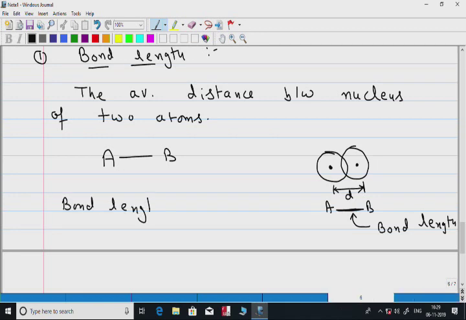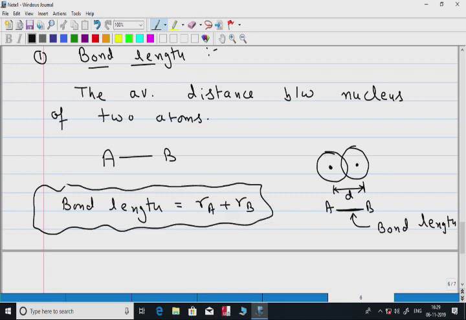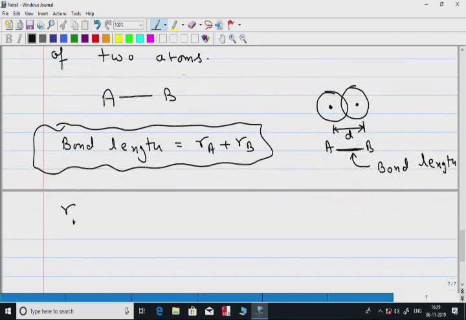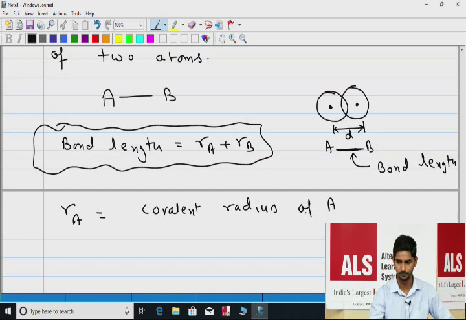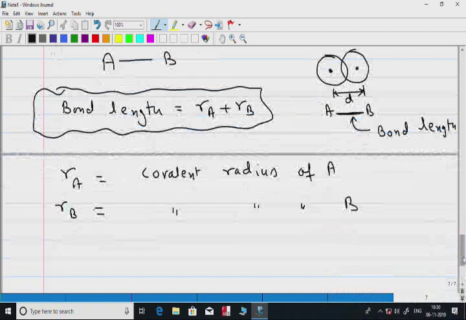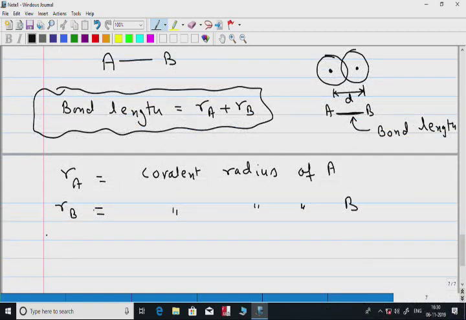That bond length would be radius of A plus radius of B, whereas RA is the covalent radius of A, whereas RB is the covalent radius of B. Guys, first of all, copy this one. Copy this.